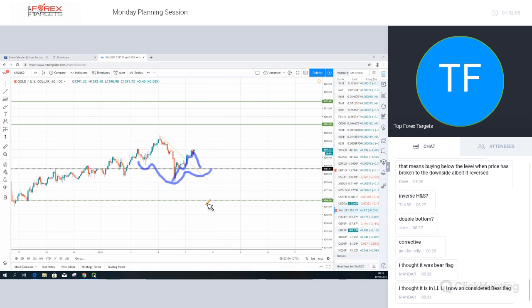What you should be viewing it as is, this could be a head and shoulders to the downside and a bear flag, or it could be an inverse head and shoulders with a 1, 2, 3, 4, 5. Okay, well, how does that help? Well, what we need to do now is decide, out of the two, what's the highest probability.